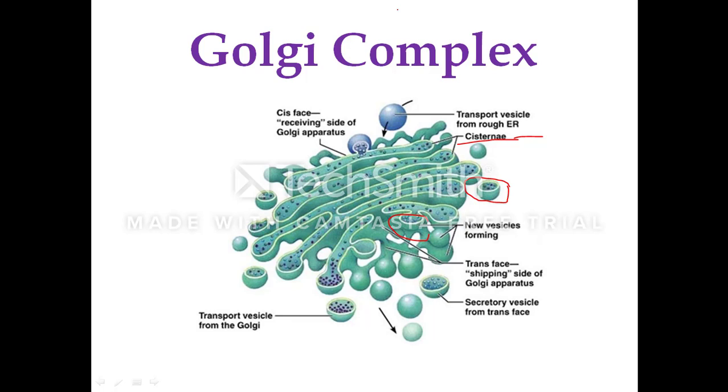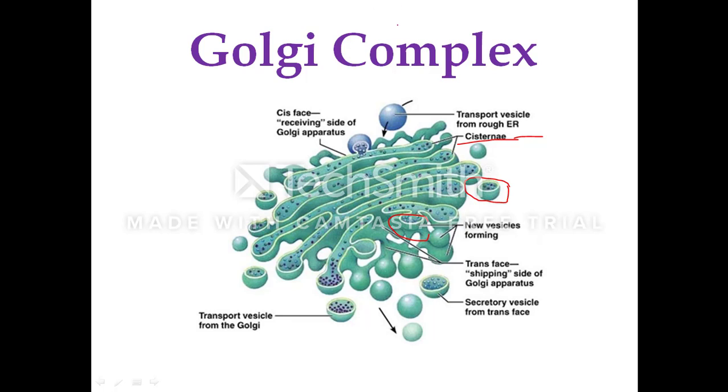Each stack of cisternae forms a dictyosome, which may contain 5 to 6 Golgi cisternae in animal cells, or 20 or more cisternae in plant cells. So the number of cisternae varies from one cell to another.